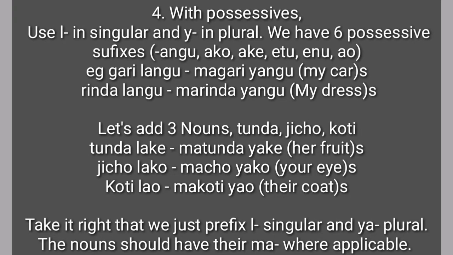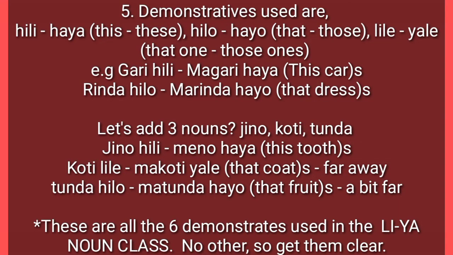Tunda lake, matunda yake. Tunda is a fruit. So take it right that we just prefix L, singular, and ya, plural. There is no ma prefix here for possessives, unless it is the noun itself, and we are going to talk about the nouns later on, so be patient.